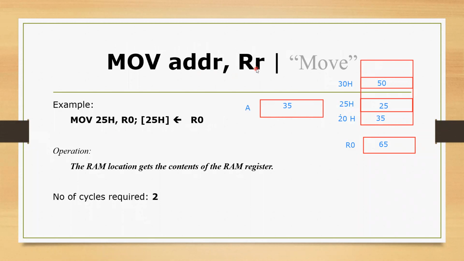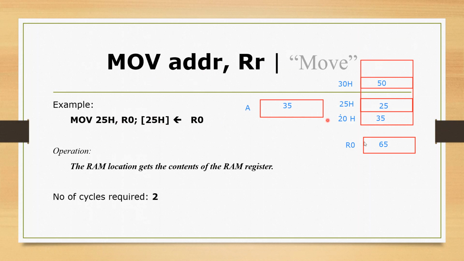MOV address, Rn. That is, to a particular memory location we are copying the content of a register. For example, MOV 25 hex, R0. R0 is the source and the 25 hex memory location is the destination. So we are copying a value from the R0 register to the 25 hex location.